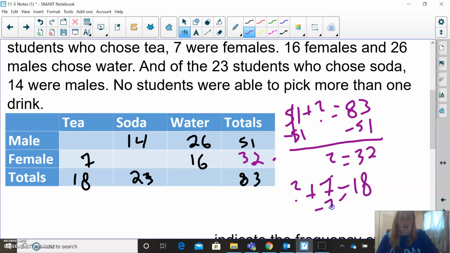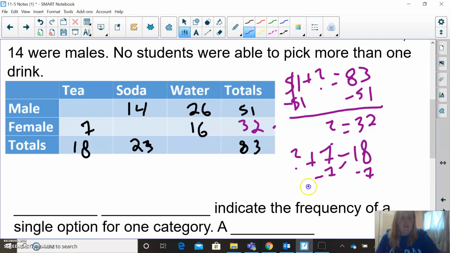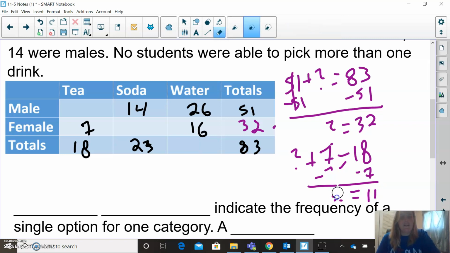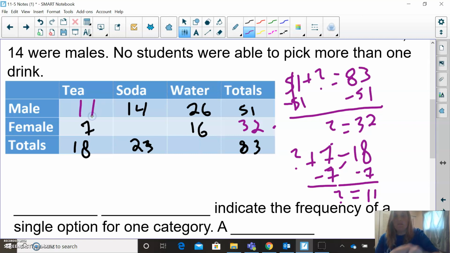So we're going to subtract 7. We're going to solve for the question mark, okay? Subtract 7, and then x is equal to 11, or question mark is equal to 11. That was 7, okay? So the 11's going to go there.